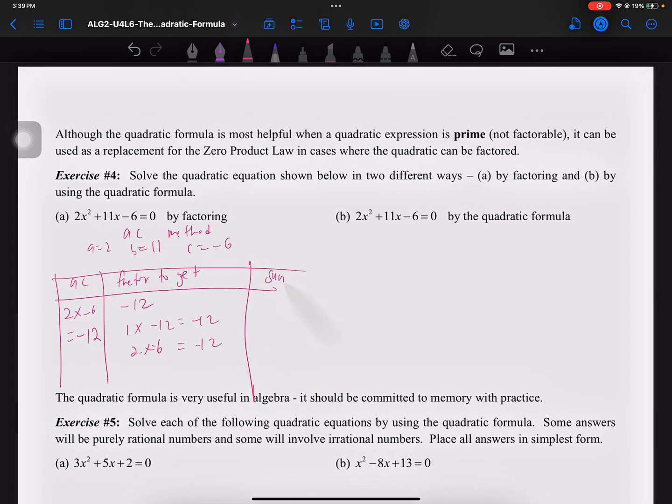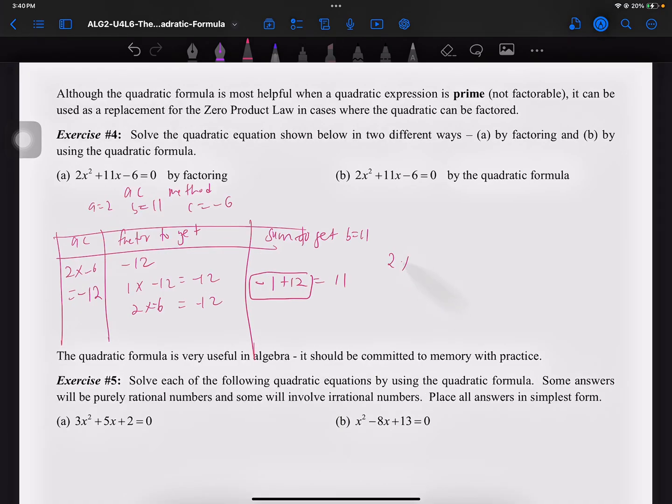We need to make sure our sum to get b is 11. I can see that if I put minus 1 plus 12, I will get 11. So I will take these factors.